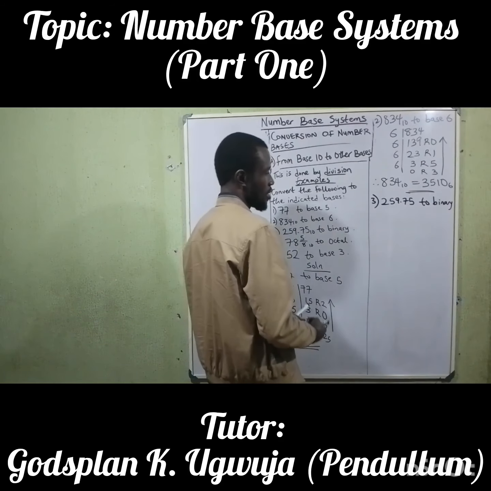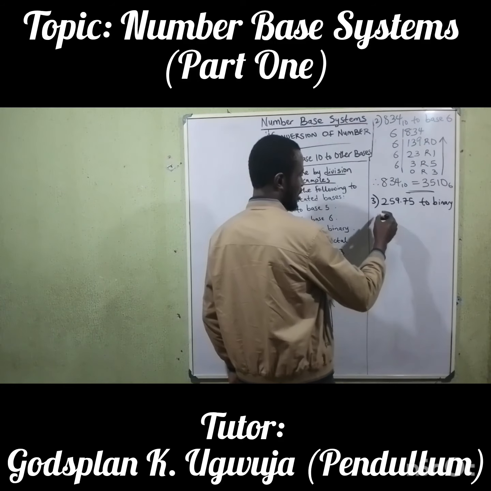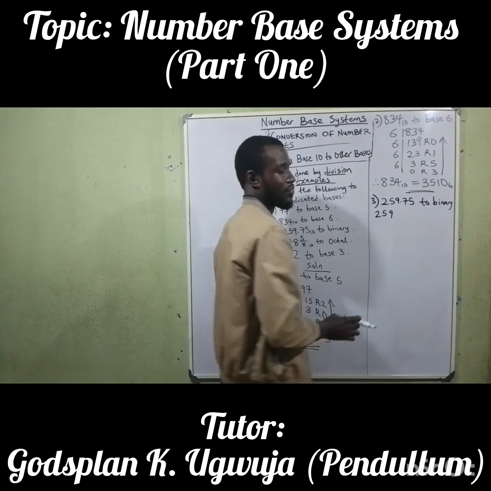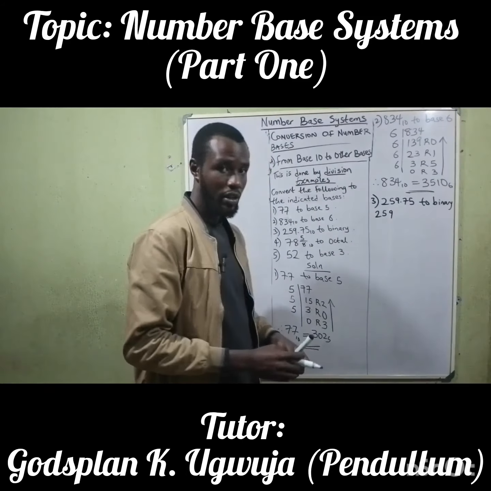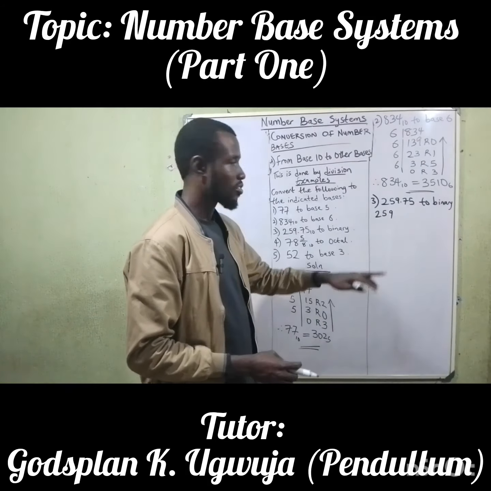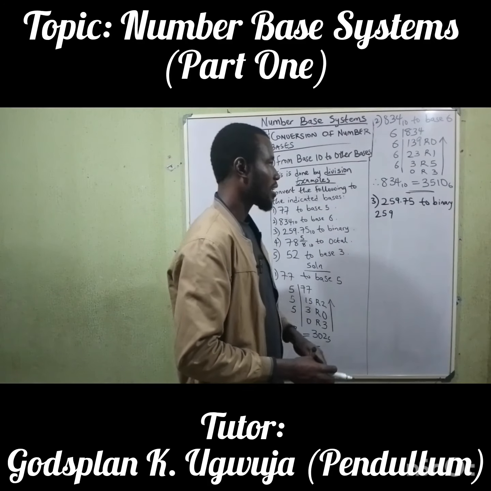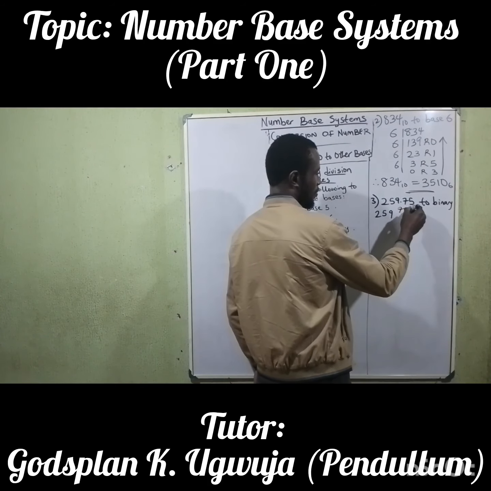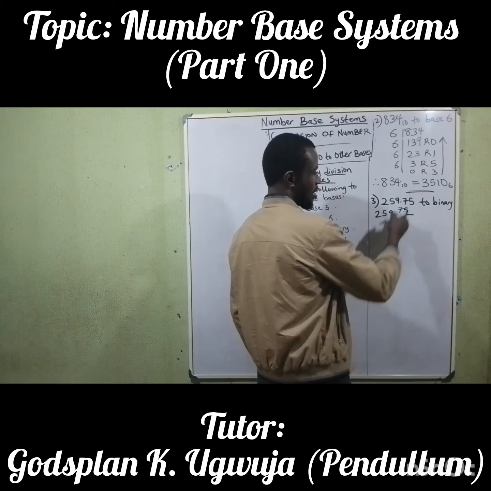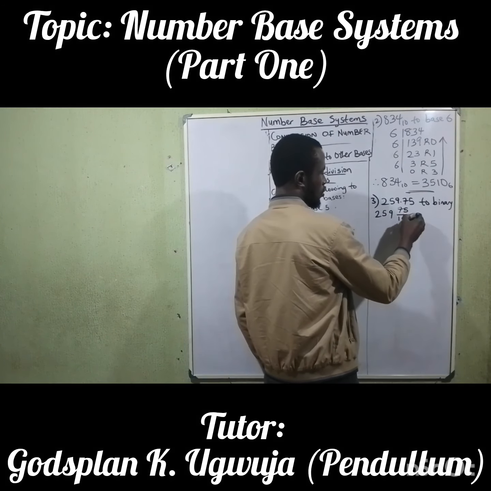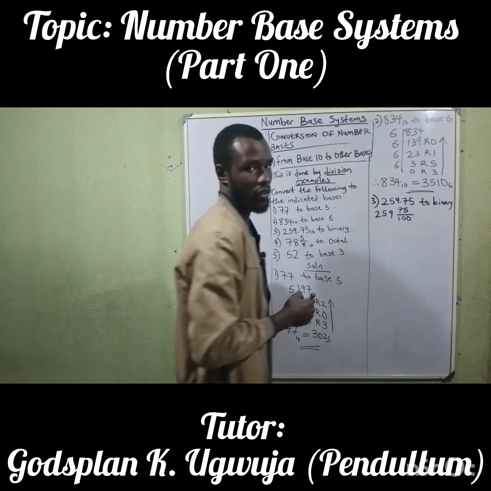First of all, remember this is like saying 259 and then this 0.75 is a decimal. If you remember your primary school mathematics, you can convert decimal to fraction. This is the whole number part. Now 0.75 means 75 over 100: over the decimal point is 1, then 2 zeros, 75 over 100.